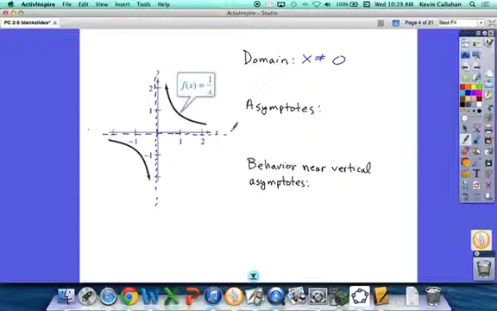So x equals 0 is the vertical asymptote. Y equals 0, horizontal asymptote.